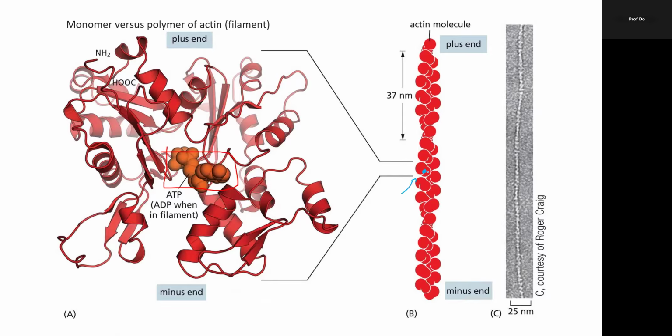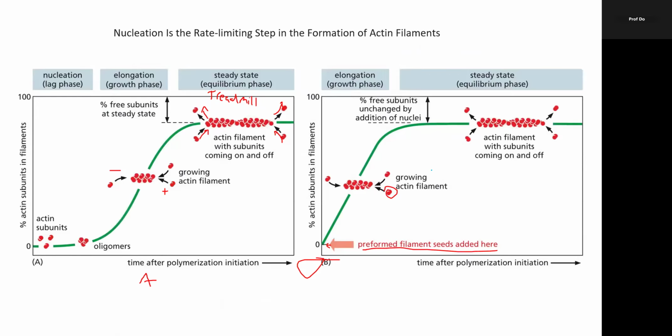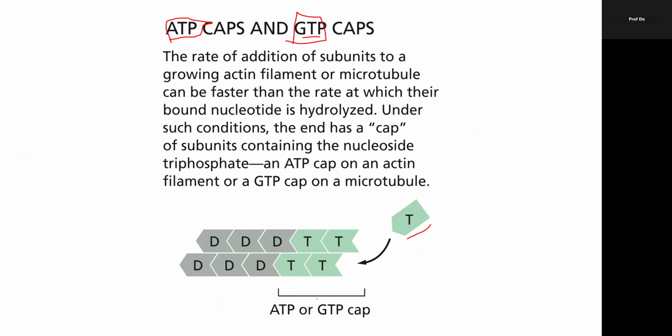This is your more stabilized form. Now, as your actin subunits treadmill through, it hydrolyzes and becomes a diphosphate, so ADP. When it's in a diphosphate form, it's going to become more destabilized, so unstable.